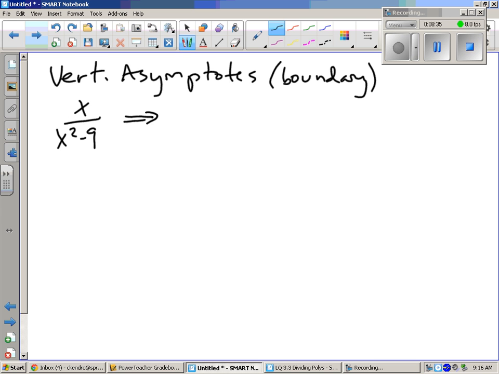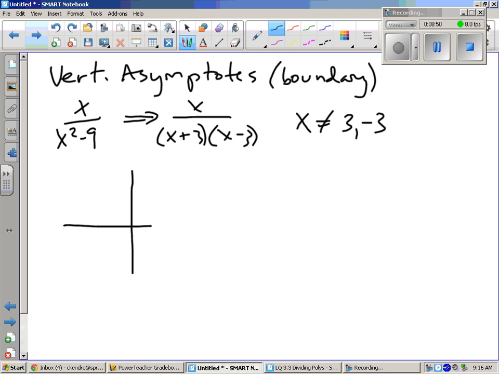If I break up that denominator, it's a difference of 2 squares, so x plus 3 and x minus 3. Right now, x cannot be 3 or negative 3. If you plotted it on the graphing calculator, you would have a dotted line at 3 and a dotted line at negative 3, and the graph would never cross.